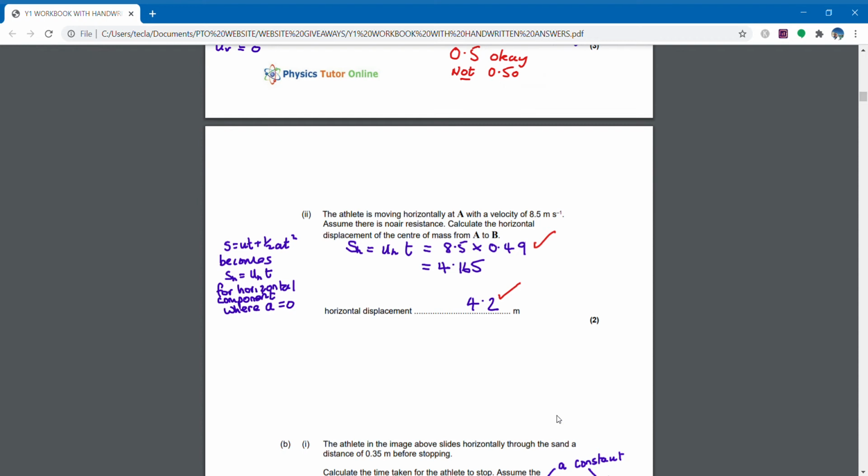The clue there is there's no air resistance, and therefore there's nothing to slow the motion down horizontally. So 8.5 meters per second will be maintained. So S equals ut equals 8.5 times 0.49, which is 4.165 or 4.2 meters to 2 significant figures. 1 mark for substituting in the correct values and 1 mark for the final answer.